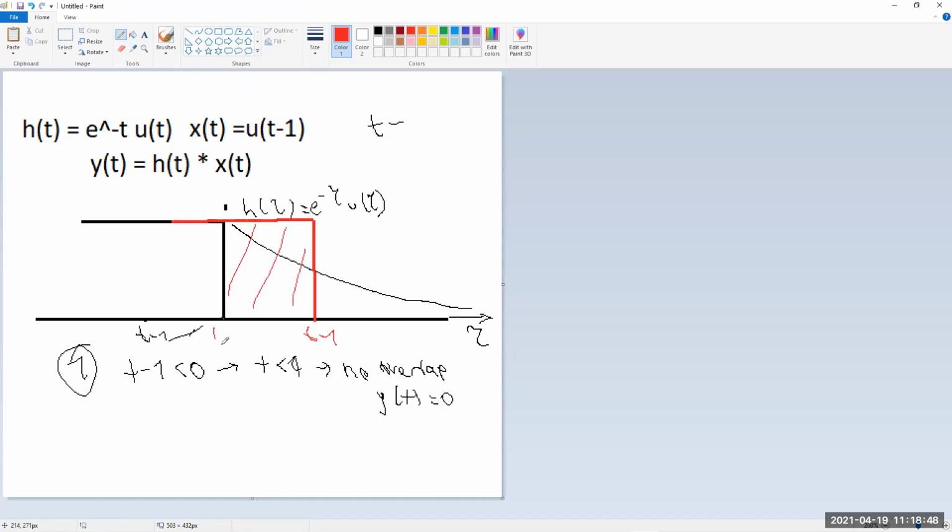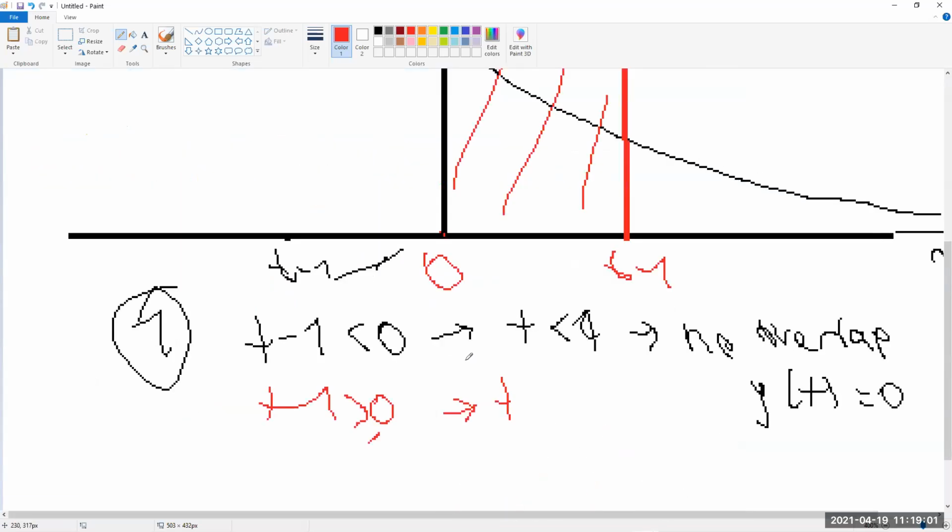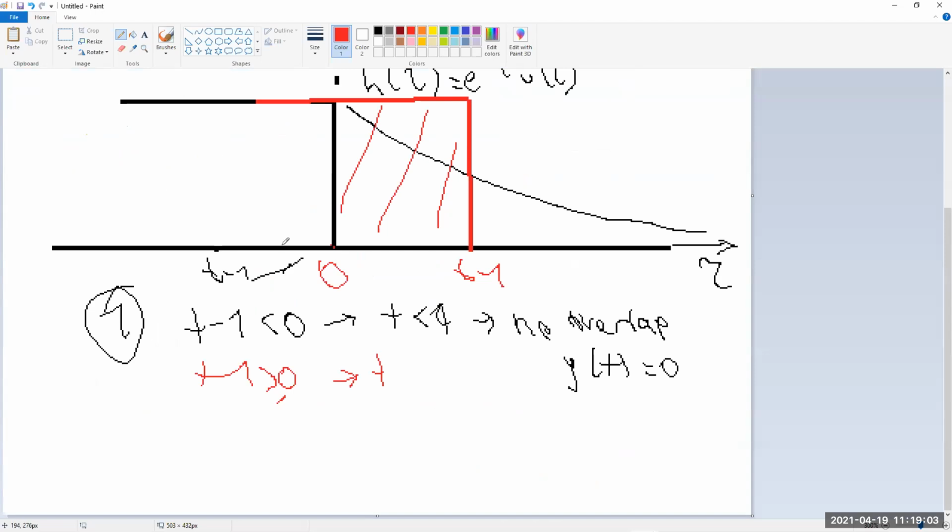This part, right? And it happens when t minus 1 is greater than or equal to 0, and t... okay, I think I need a bigger size, okay, is 1.